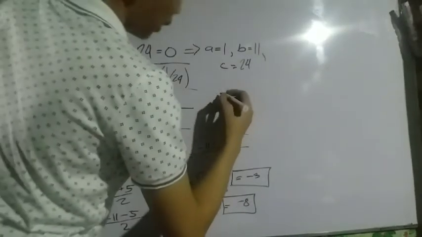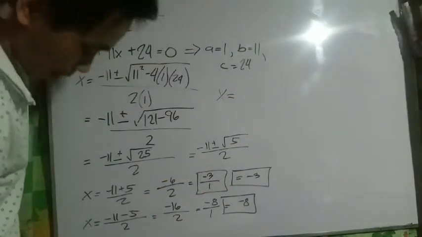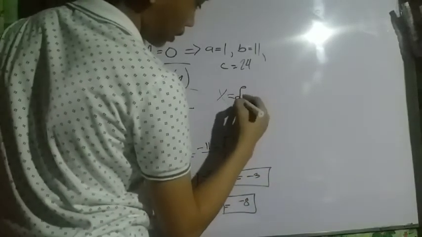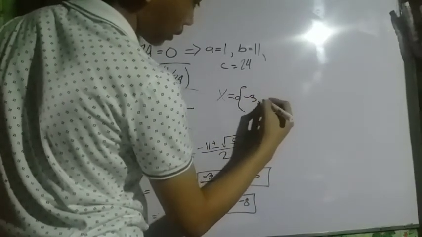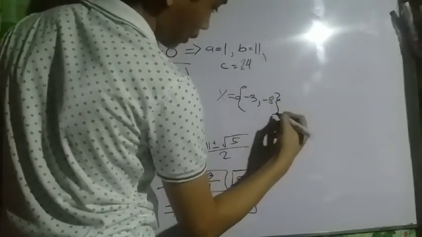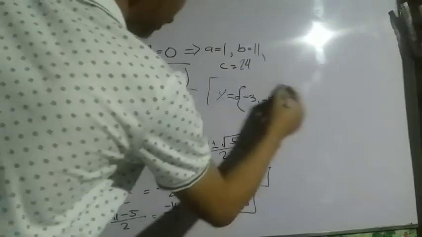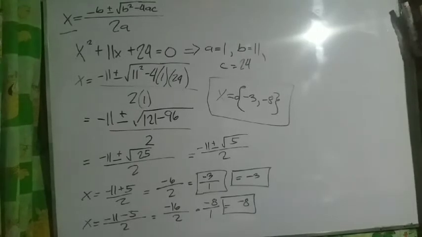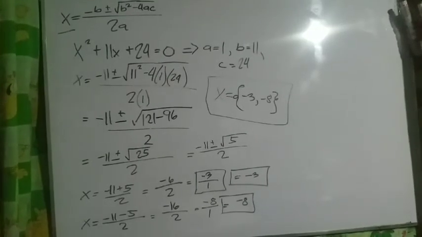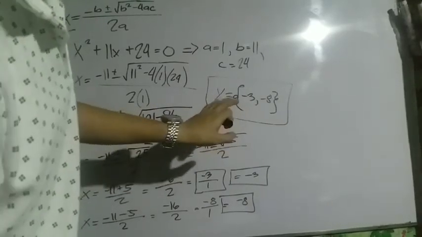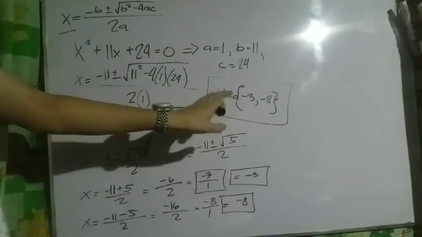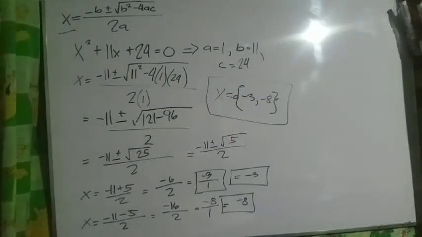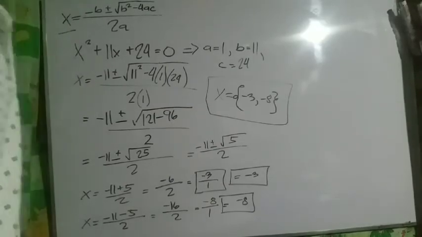So your x right here is equal to negative 3 and negative 8. So that is your final answer, or it is called the solution set of this equation: negative 3 and negative 8. So next, we'll proceed to our second example.